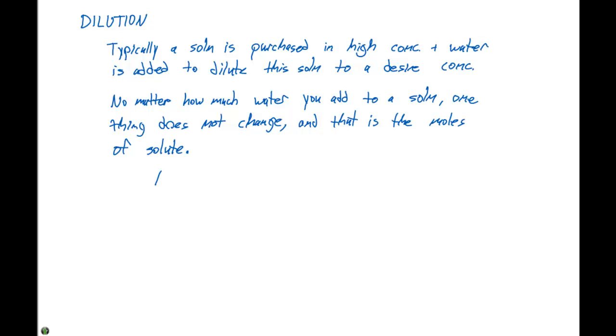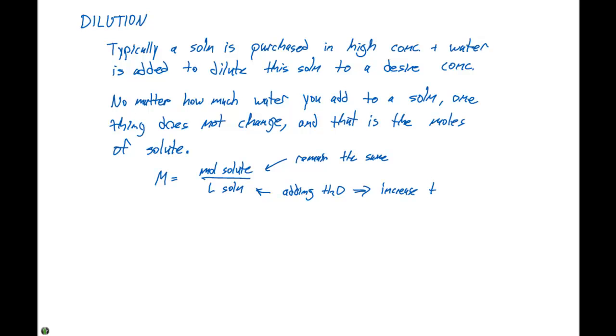So if we look at our concentration, which is equal to moles of solute divided by liters of solution, if we're looking at a dilution and we dilute with water, the moles of solute will remain the same, and the liters of solution, by adding water, we are going to increase the volume.